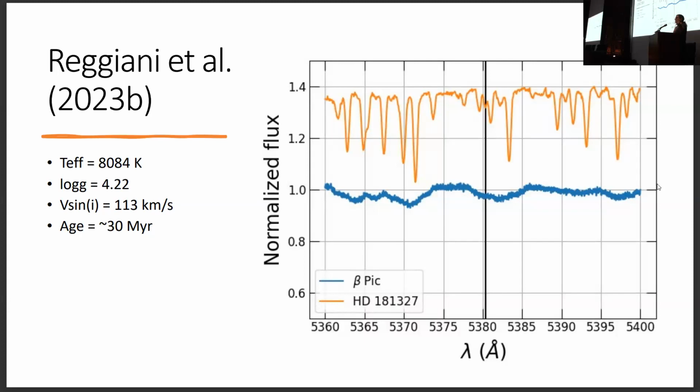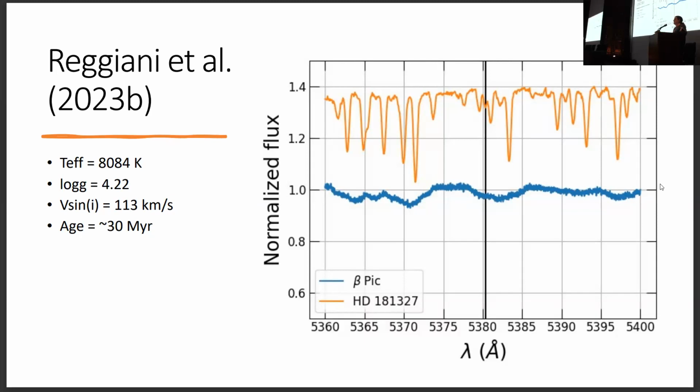So even if you have exquisite spectral information, like this blue spectrum here, which is HARPS data, signal to noise of around 250 at this region, and a resolution of 115,000, this is what happens with this tiny carbon feature that you can see in another star, in Beta Pic.